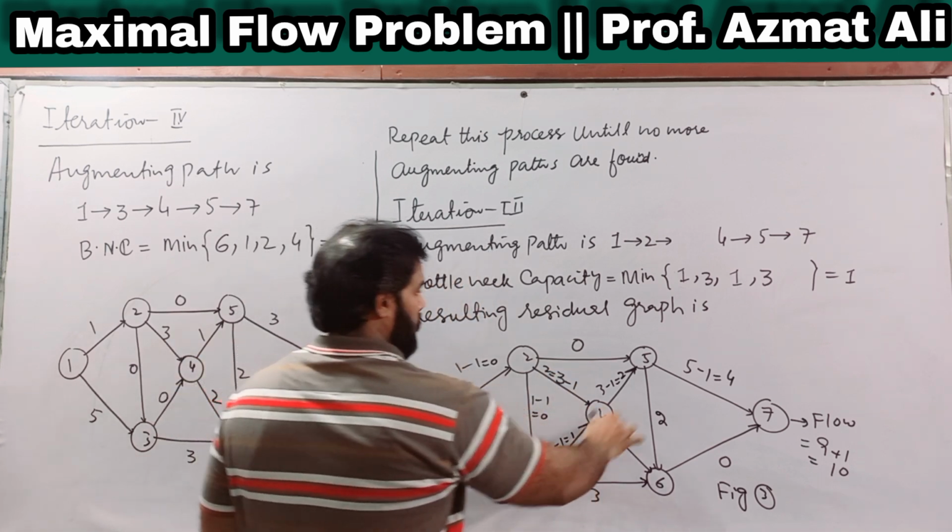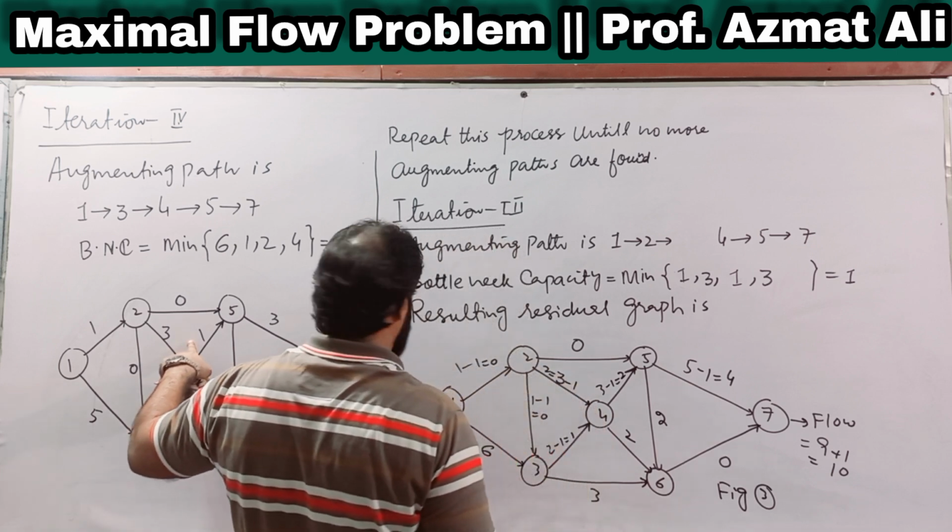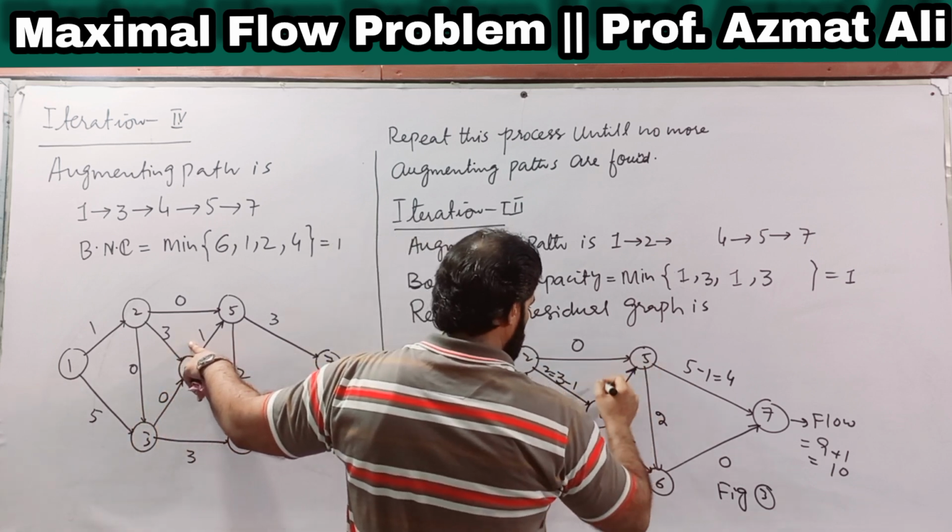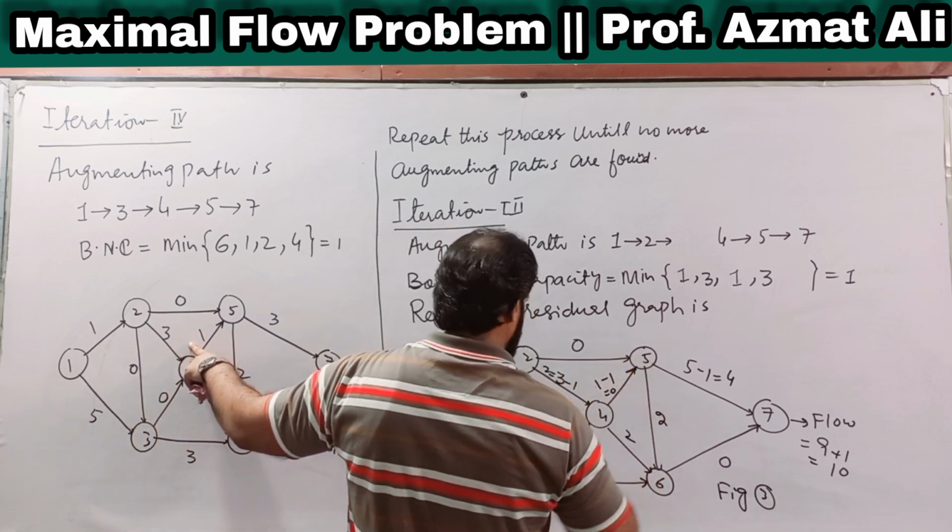Node 4 to node 5, this has a 1 unit capacity, this is 1 minus 1, that will become 0.